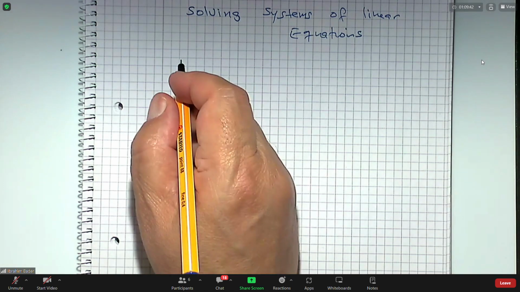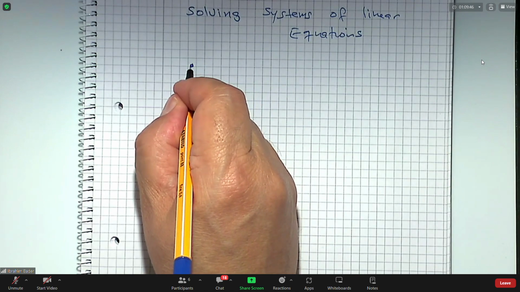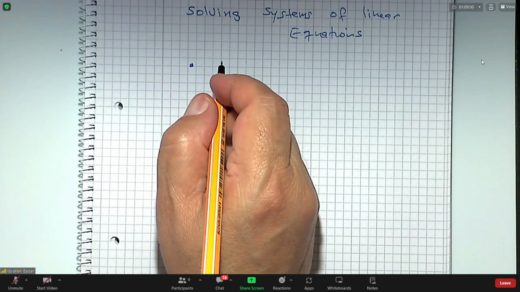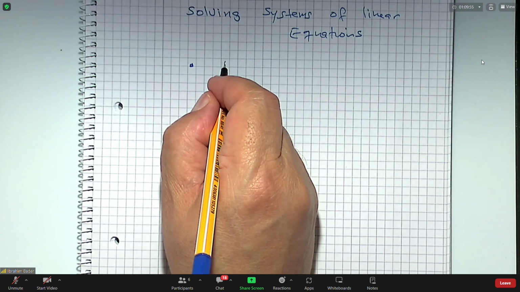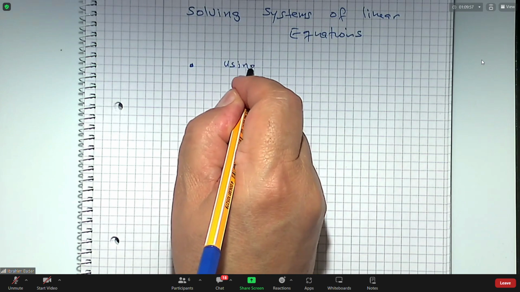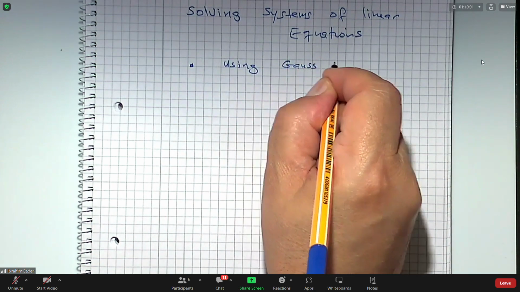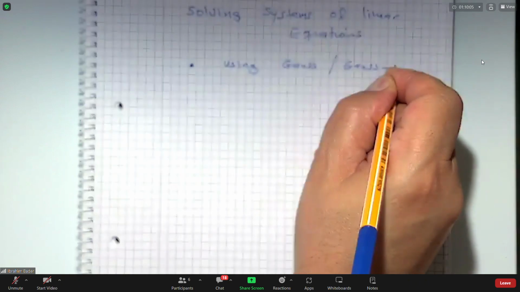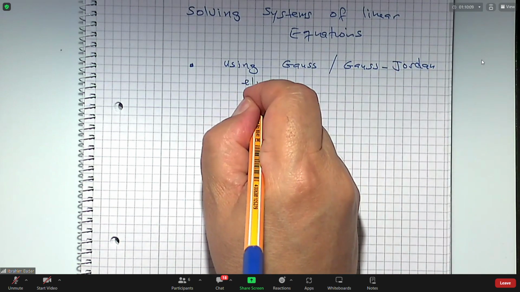But starting with three variables, we made it a little bit more structured, and this was using the so-called first method, the Gauss or Gauss-Jordan elimination methods.